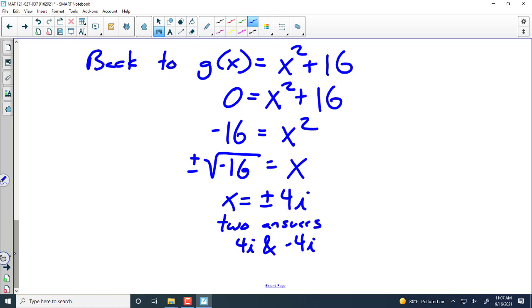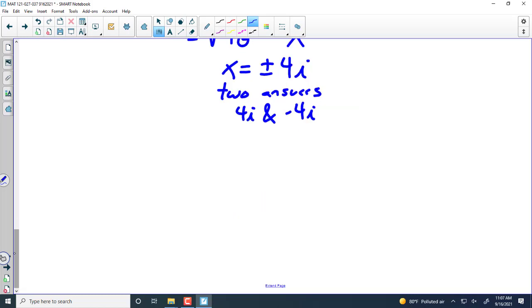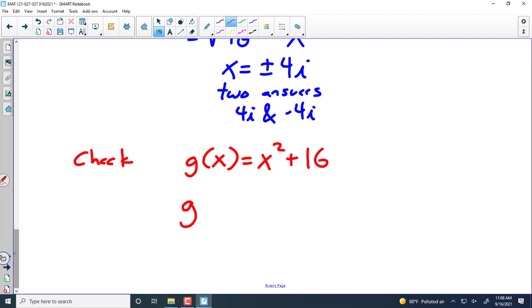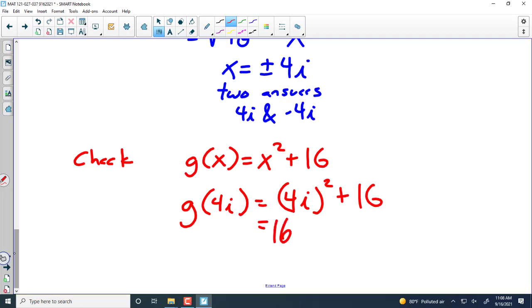Why does this work? Squaring. What's 4 squared, everyone? 16. Careful here.